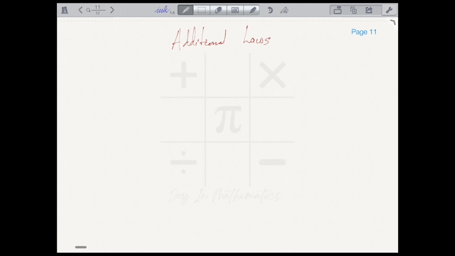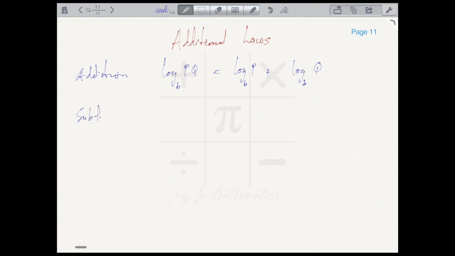Addition law states that log pq to base b is equal to log p to base b plus log q to base b.